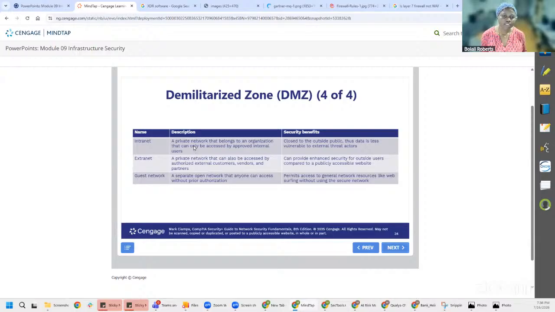The intranet is internal, it belongs to the organization, it is closed to the public, so it's less vulnerable to external threat actors. Then the extranet is a private network that you expose to your external customers or vendors, so they can provide maybe enhanced security from outside of your network, or they have some services that they provide for your organization.